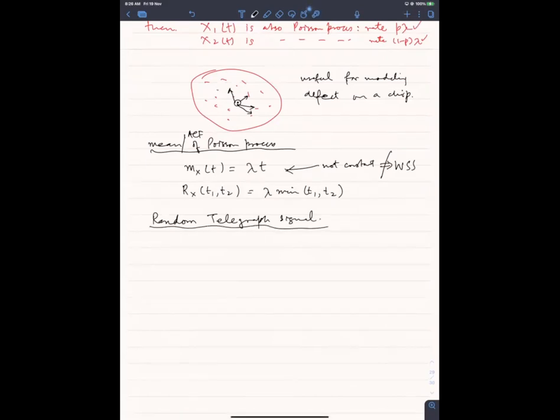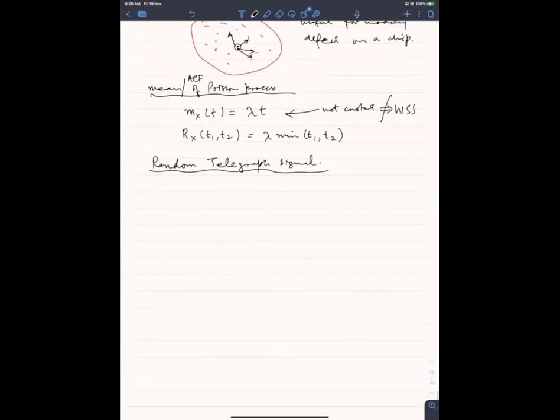Very closely related with the Poisson process. So, आपको हम बता देते हैं ये क्या है. This is also a discrete alphabet, continuous time process.